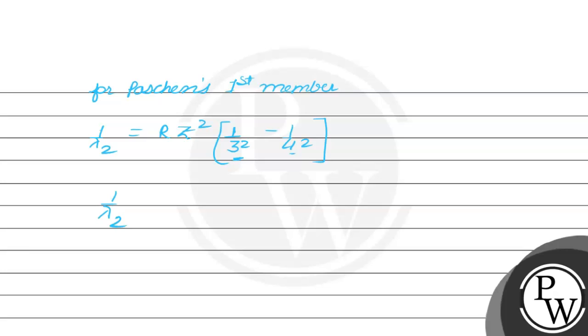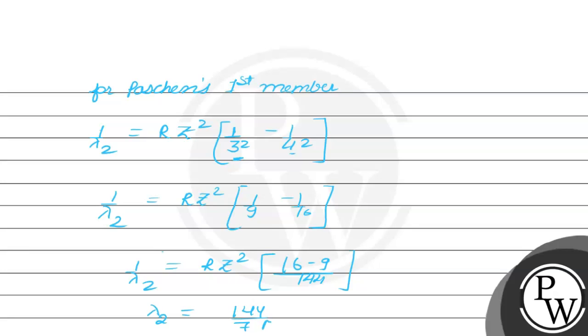So 1 upon lambda 2 equals R into Z square times 1 upon 9 minus 1 upon 16, which is 16 minus 9 upon 144. So lambda 2 will come out to be 144 upon 7 R Z square.